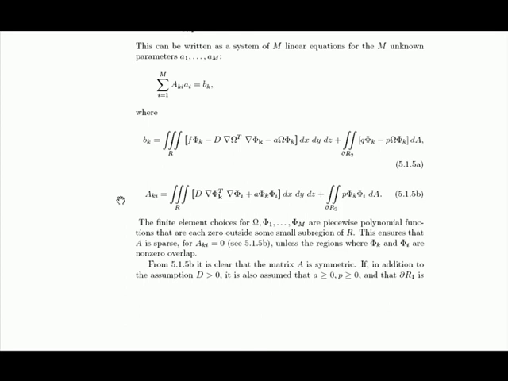Here in section 5.1, this is the A matrix for a steady state problem, but it's the same for the eigenvalue problem. You have d times the dot product of the gradient of phi k with the gradient of phi i, and there are no second derivatives of phi k, which means you can use piecewise linear triangular elements which don't have continuous first derivatives.